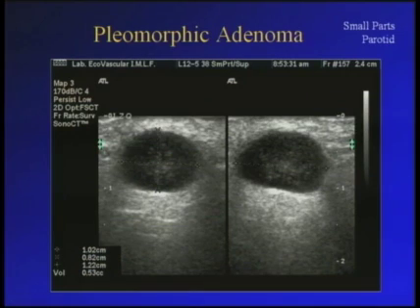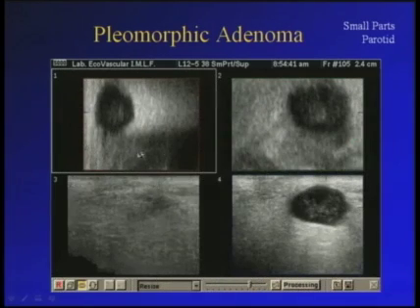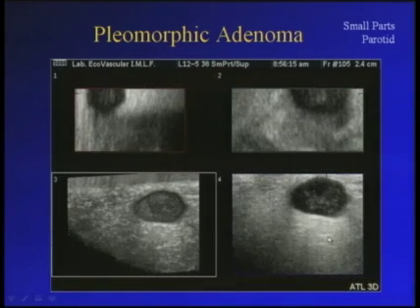This is a case of pleomorphic adenoma of the parotid gland. This is the usual image that we can obtain by using two-dimensional ultrasound. And this is the multiplanar image. And then we have here the volumetric image combined with the surface mount image.